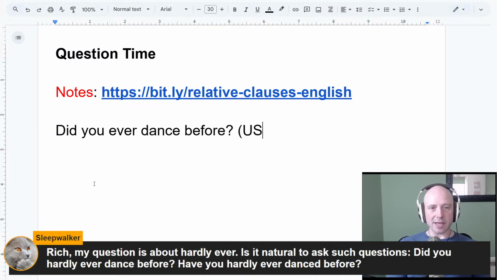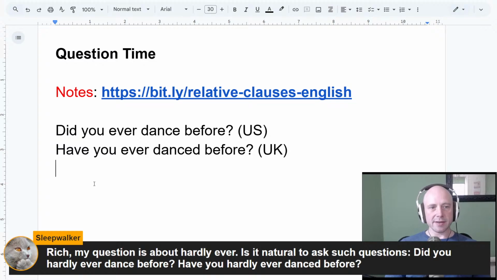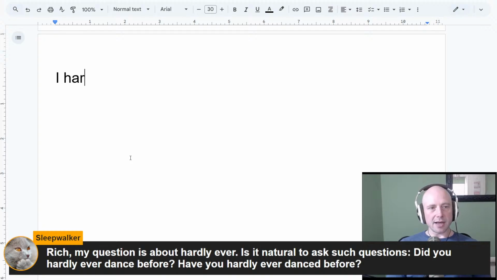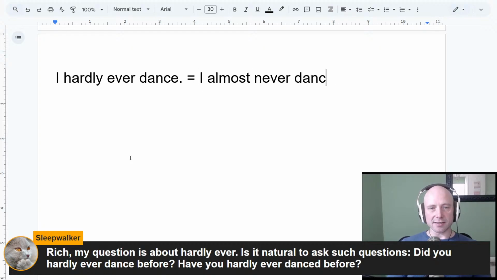And by the way, this is quite US English because in UK English, we prefer to say, have you ever danced before? So that's the natural question. And then statements, we can use hardly ever. Like, I hardly ever dance, which is fine. And that means I almost never dance.